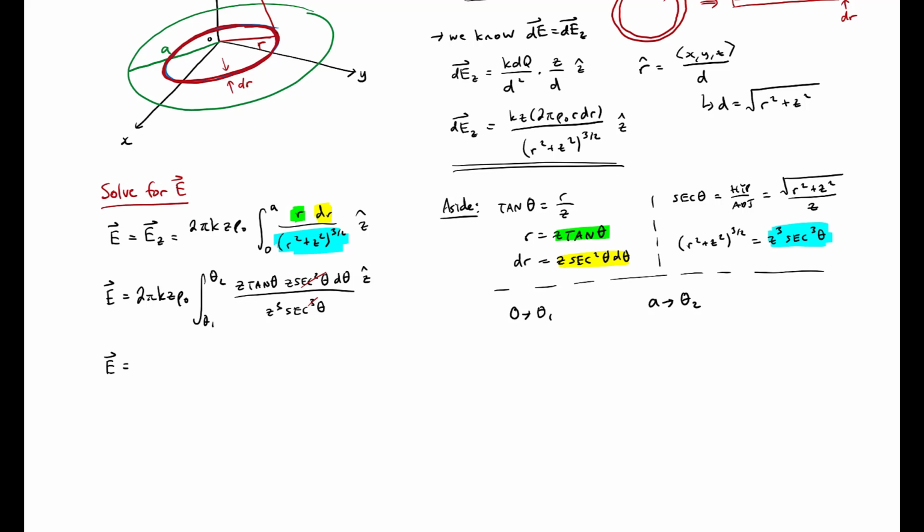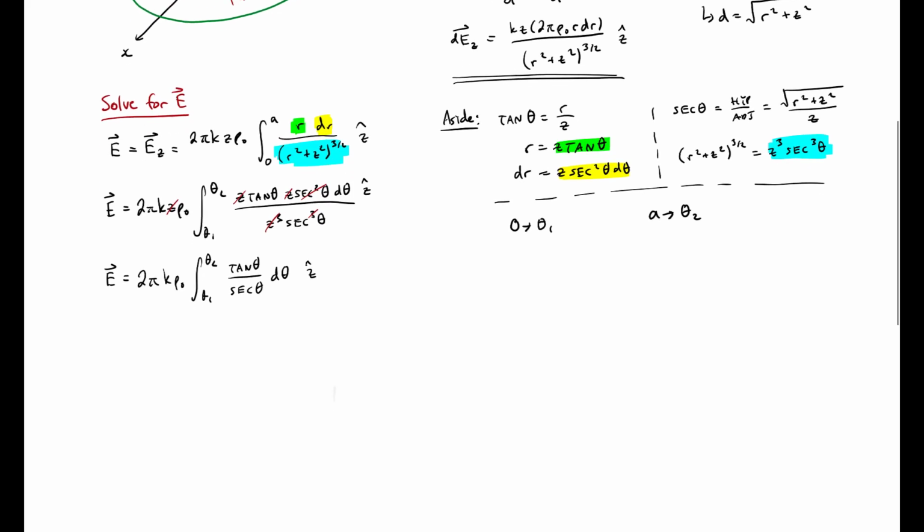I have 1, 2, 3 z's, so it's z cubed over z cubed. And I think that's as far as it gets. We have the integral from theta 1 to theta 2 of tangent of theta over secant of theta d theta in the z direction.